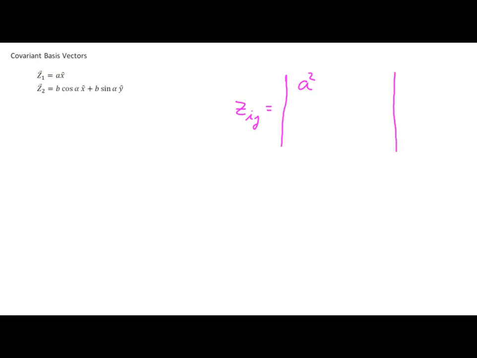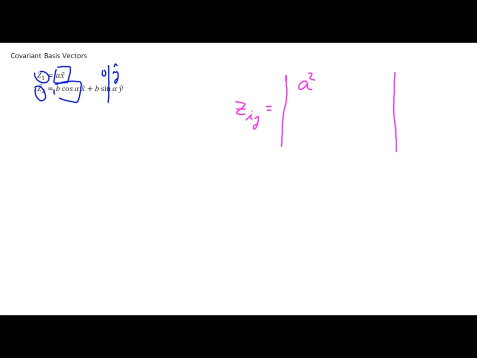The entry 1,2 is going to be the vector z1 dotted with z2, which means we multiply this term by this term and add the corresponding product of the y term here, but since there is none, this is really 0y, so this factor doesn't enter into it. The result is simply the product of these two factors.